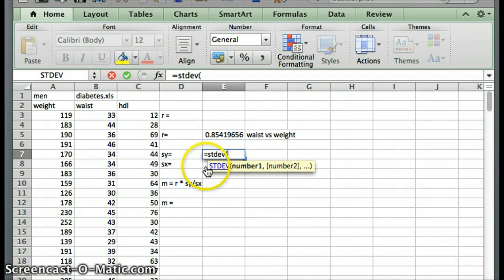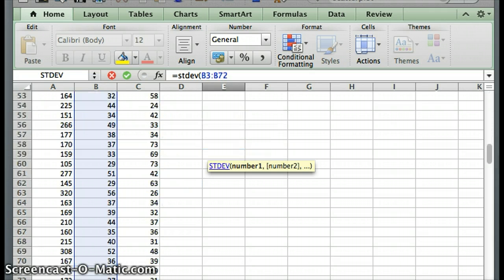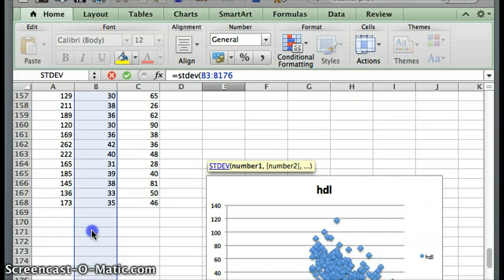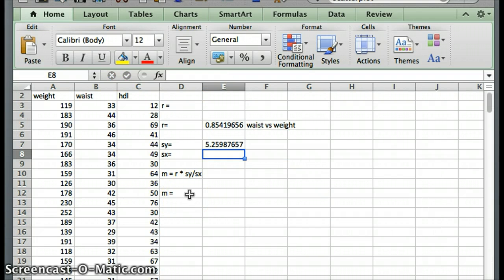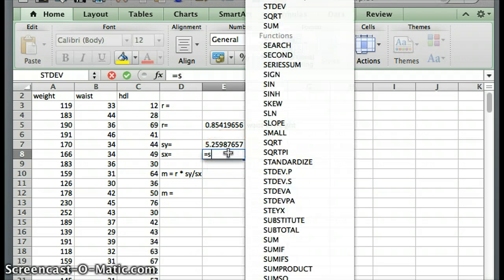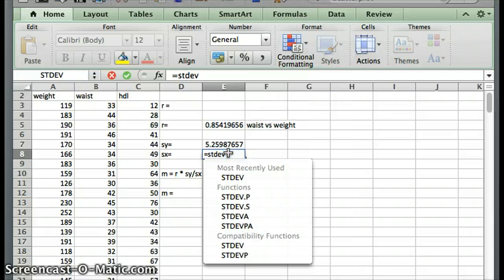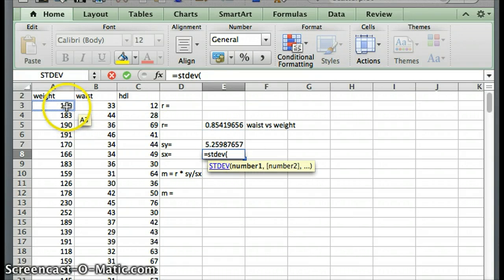Use technology to compute that standard deviation. It'll be very difficult to do by hand. So I will quickly do that. We will let Excel tell us that standard deviation. And it gives us 5.259 as our standard deviation on waist size. For the standard deviation of x, again, equals STDEV.